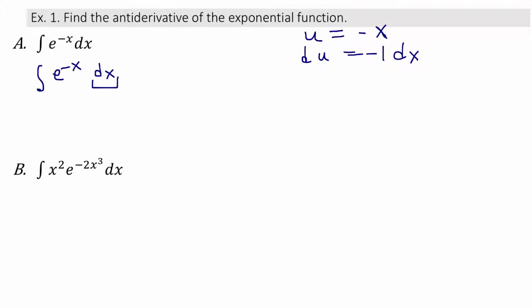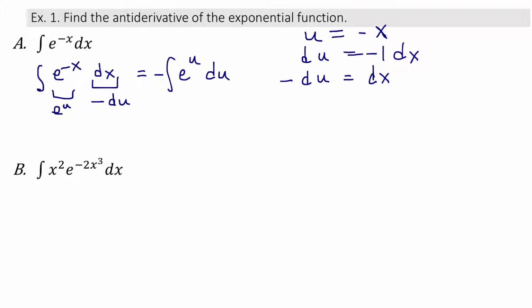So I go back over here and I say negative du would have to be positive dx, which makes this part negative du and this part e to the u. So now I've got the integral of e to the u. Let's put the negative out front, du. Okay, so I've got it set up now.